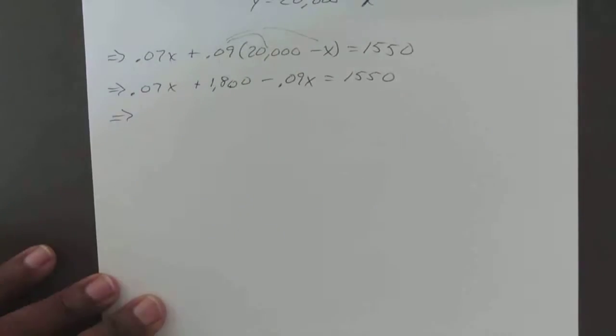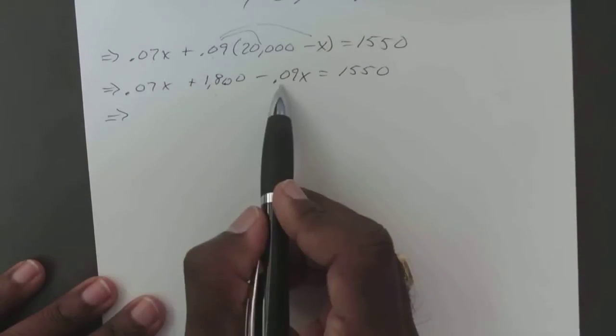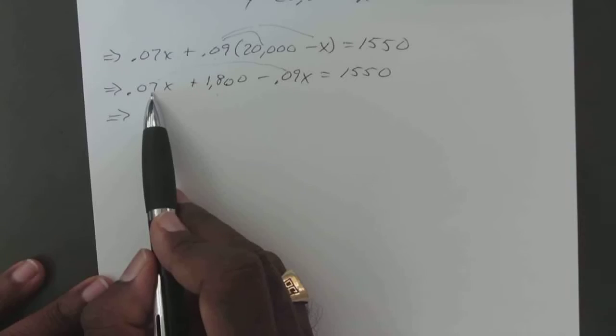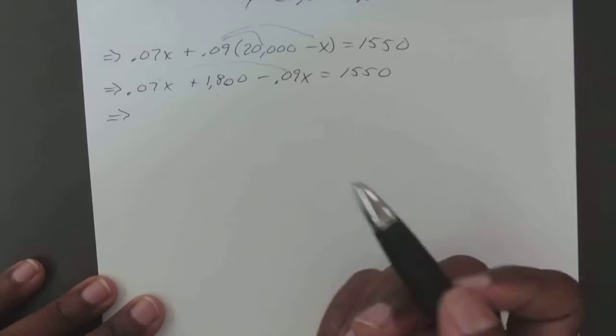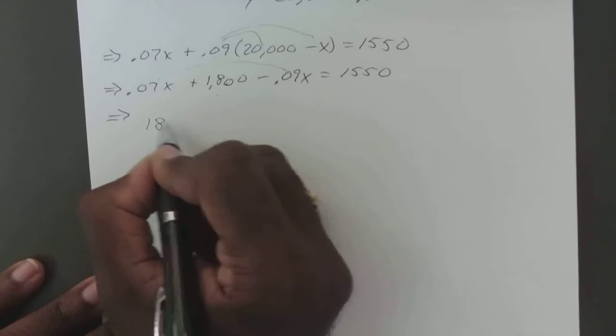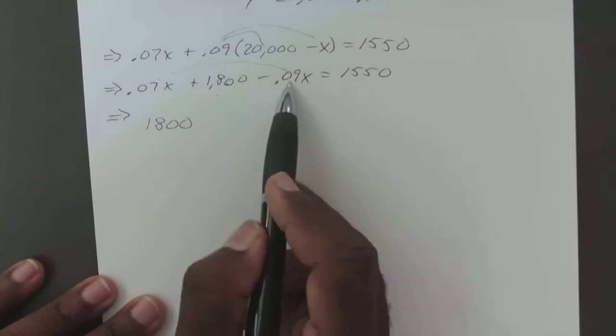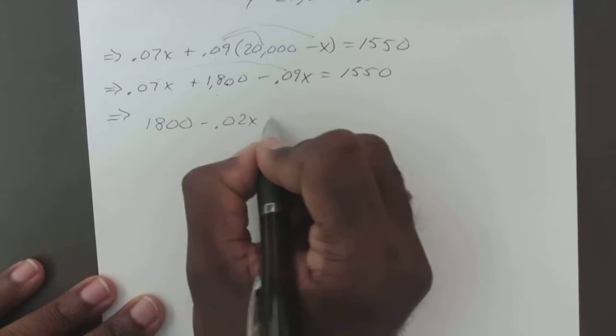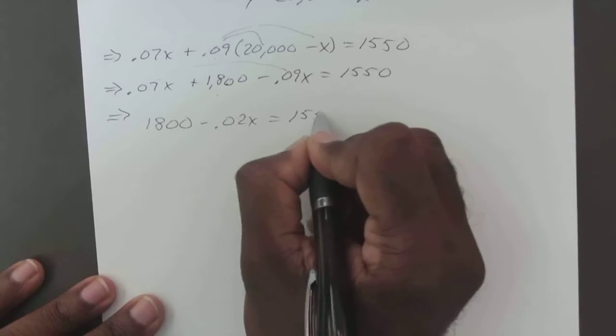Actually, we can combine these two first. 0.07x and negative 0.09x is negative 0.02x. So you have 1,800 minus 0.02x equals 1,550.